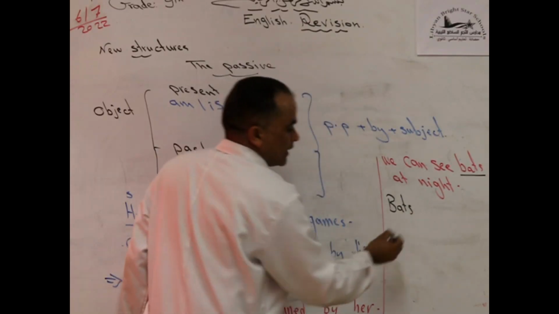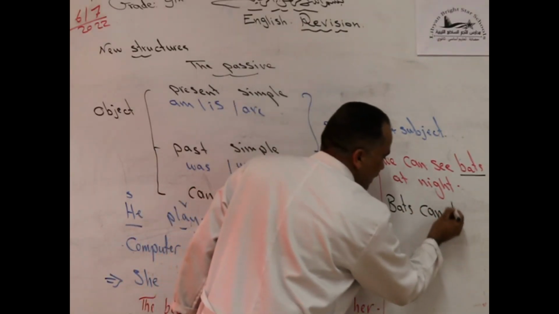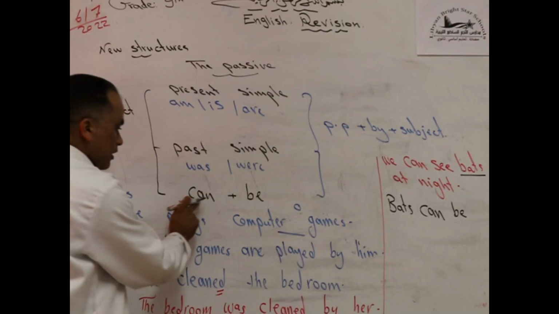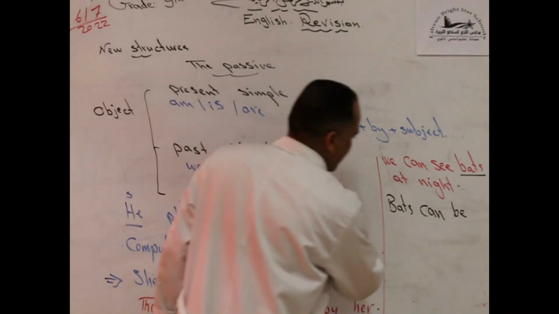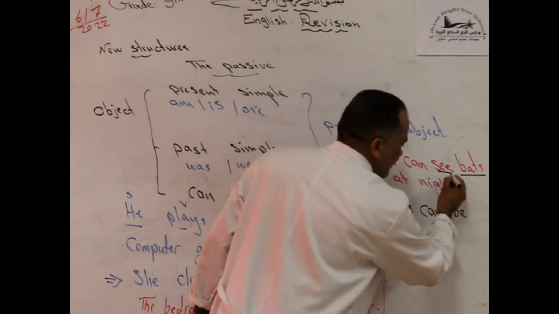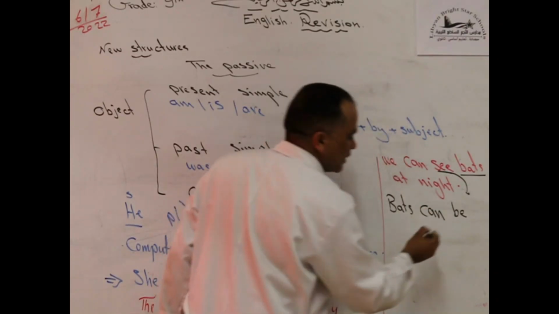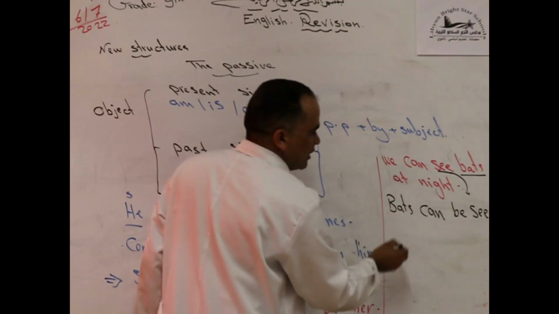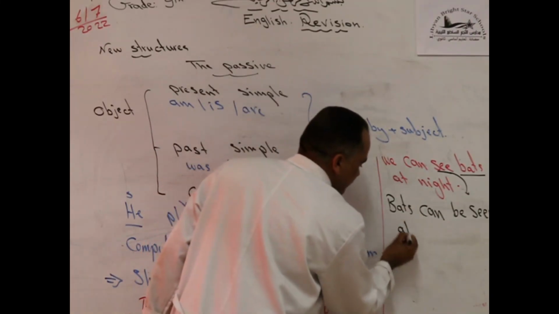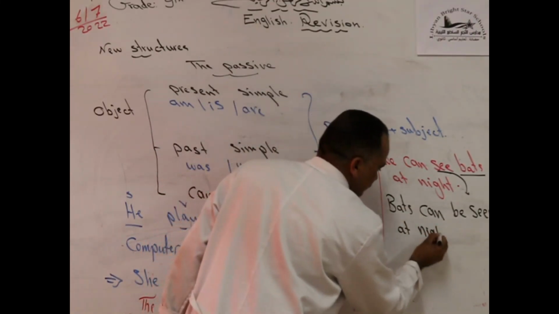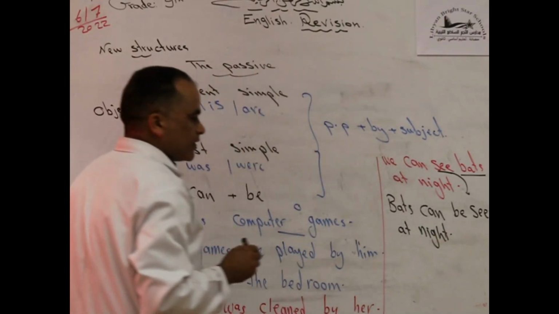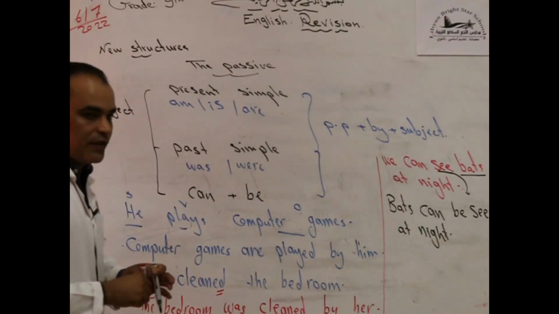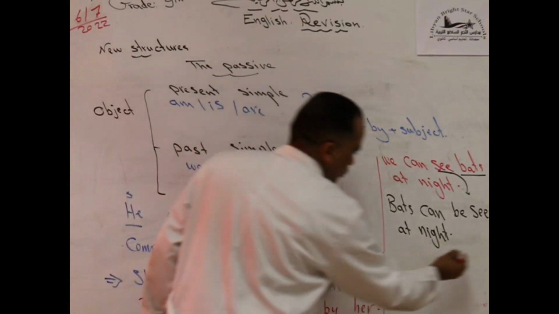Bats can be plus the past participle of the verb see. It's an irregular verb. فعل غير منتظم. The past participle of it is seen. Bats can be seen at night.